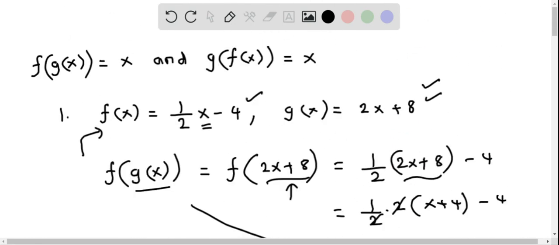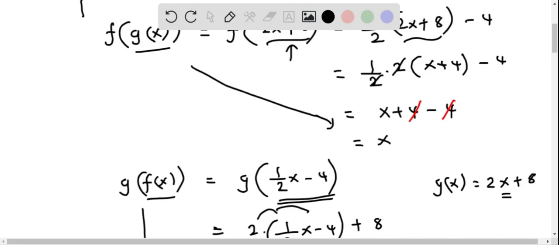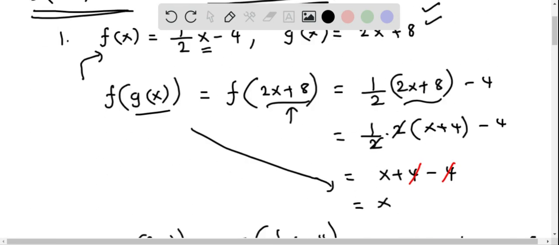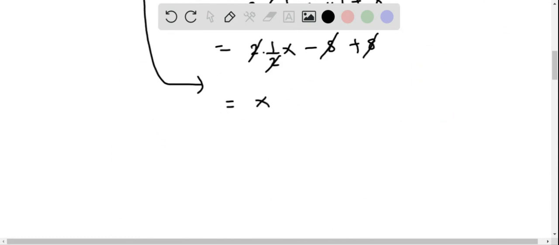And this means we are able to verify this relation, that is f of g of x equals x, also g of f of x is also x for this question 1. So therefore we say that for this question 1, f of x and g of x are inverse to each other.